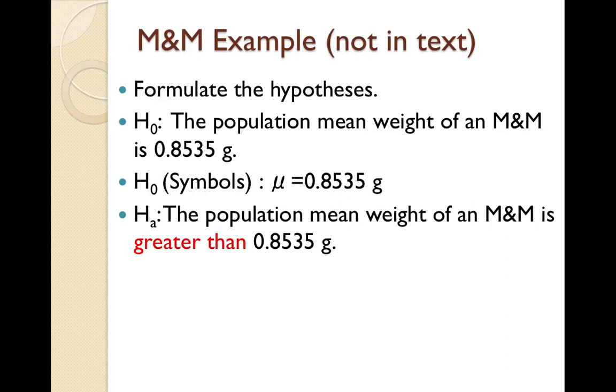So symbolically we have mu greater than 0.8535. So we have our null and alternative hypotheses. The alternative hypothesis using the symbol greater than gives us an indication of the side of the bell curve that the test is going to occur on. Because this is a greater than symbol, the test is going to occur on the right side of the bell curve.